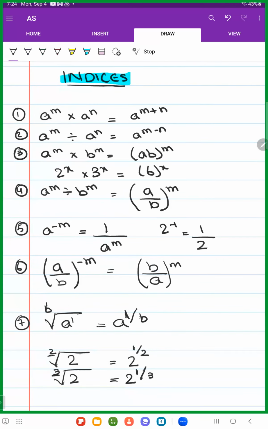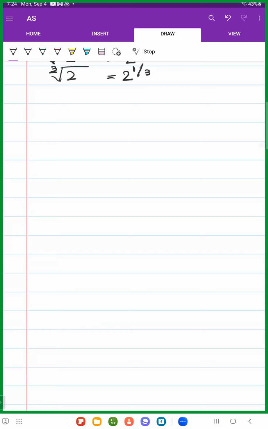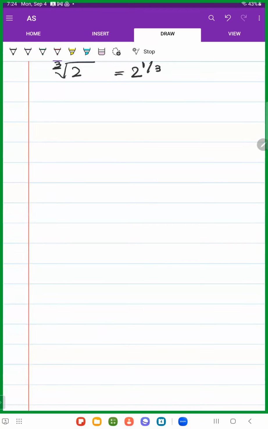Yes, miss. Yes? Okay. Aisha, you are also clear? Yes. I feel like let's do some questions for indices first and then move on with the sum formula.